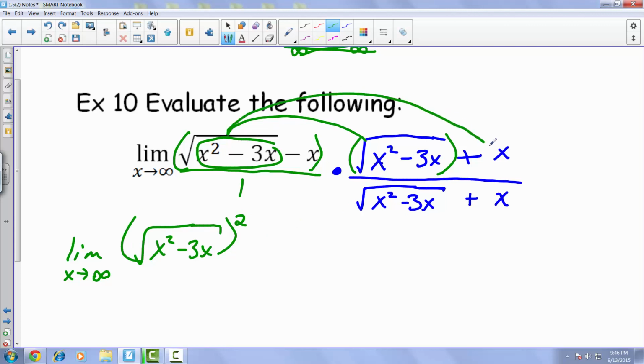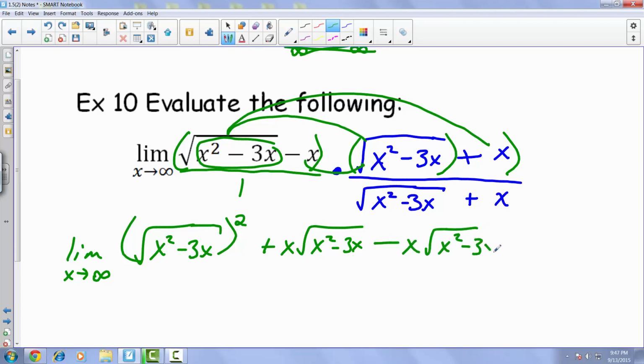When we do our outside, we end up with plus x times the square root of x squared minus 3x. Then when we FOIL the inside, we end up with minus x times the square root of x squared minus 3x. And when we do our last, we end up with minus x squared.